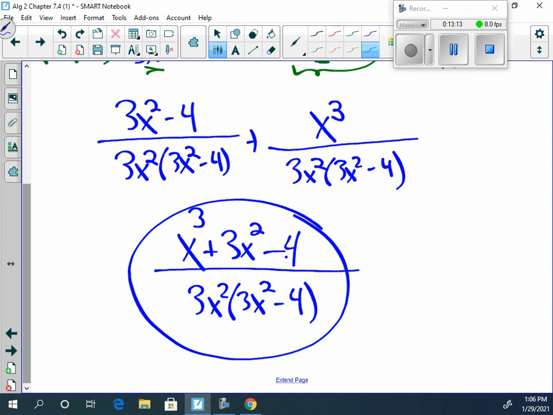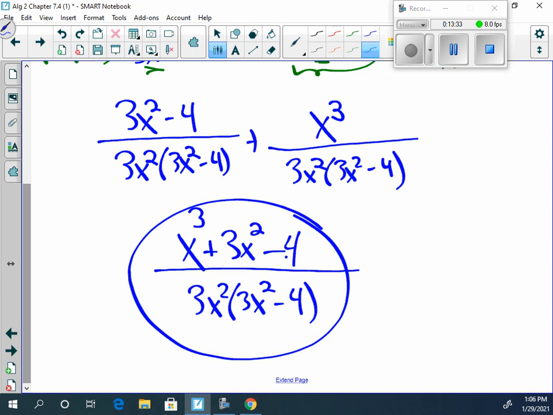I'm going to go on and tell you this is as simplified as it gets. Because for us to really factor that numerator, we need one more term. I need an x term, a term with x to the first power, to possibly be able to factor this.